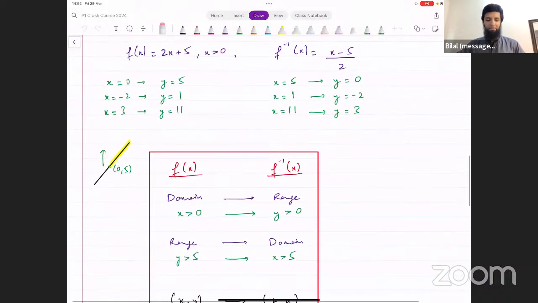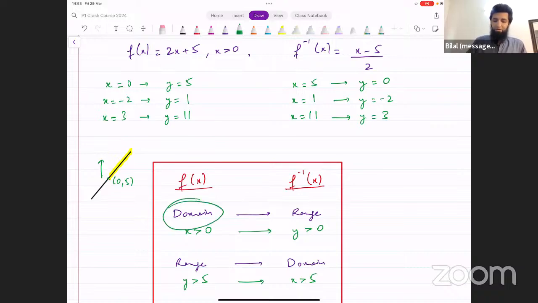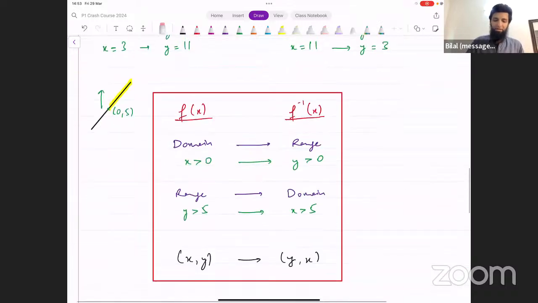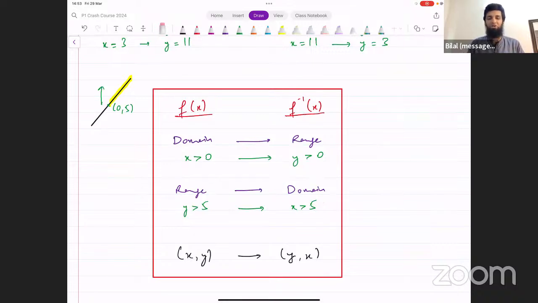And then these were some important relationships between a function and its inverse: the domain of the original function is the same as the range of the inverse function, and the range of the original function is always the same as the domain of the inverse function. Okay, so that's the relationship between a function and its inverse.